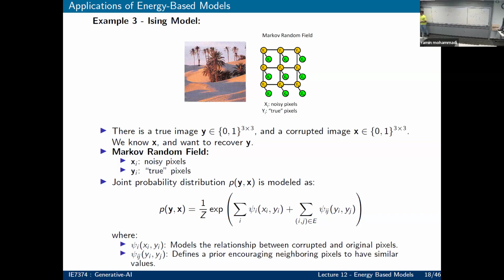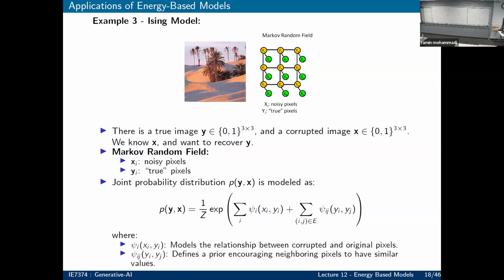And in this type of model, you're going to answer this question: what is the joint probability distribution between the noisy image and the real image? You can calculate this normalized by Z. In the formula there are two pieces, left and right. The piece on the left is a pixel-wise comparison between the real pixel and the noisy pixel. Here X is the noisy pixel, sorry, Y is the real pixel.